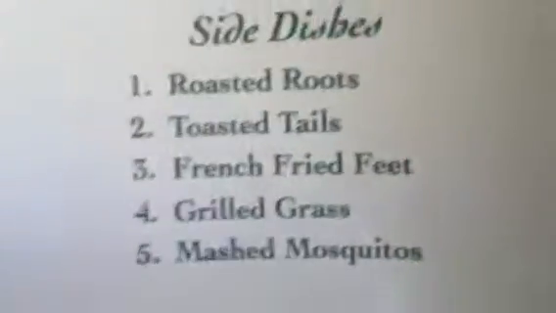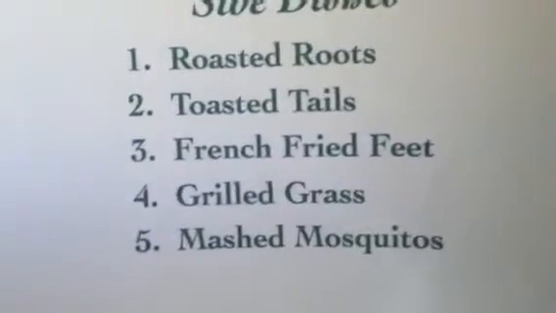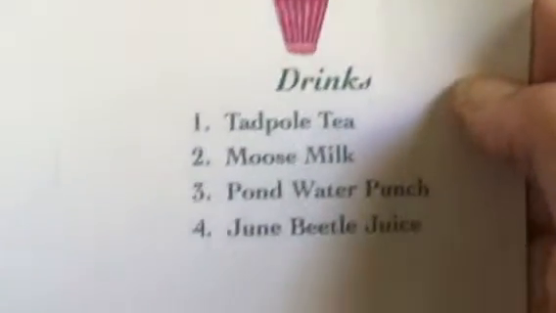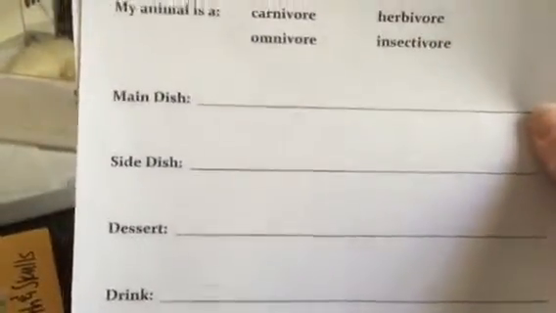And then they would pick a side dish, again remembering that their animal's a herbivore, and a dessert, and a drink. And then they would fill that out, and if time permits, they could write some sentences about that on the back of their paper if you'd like.